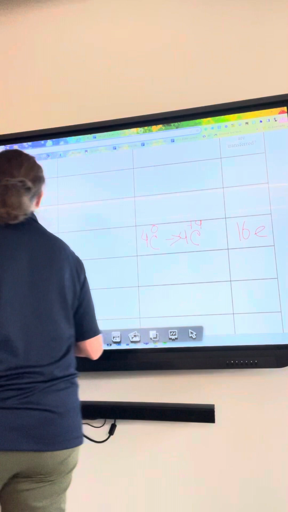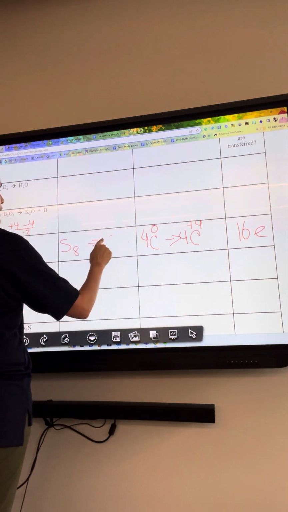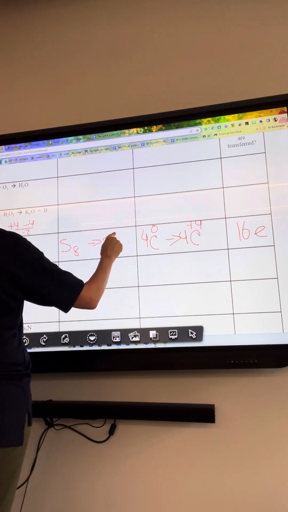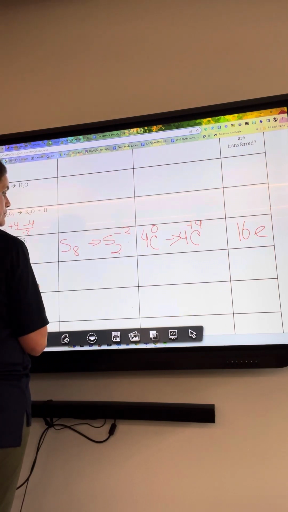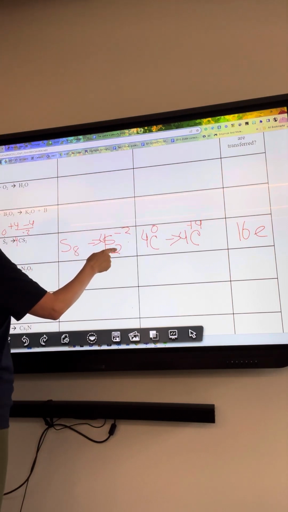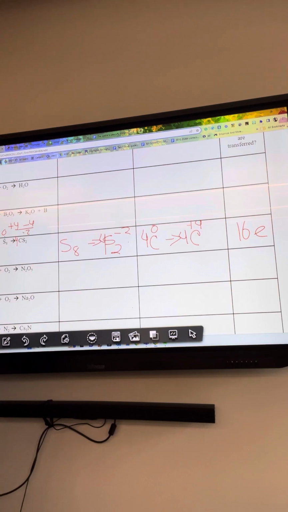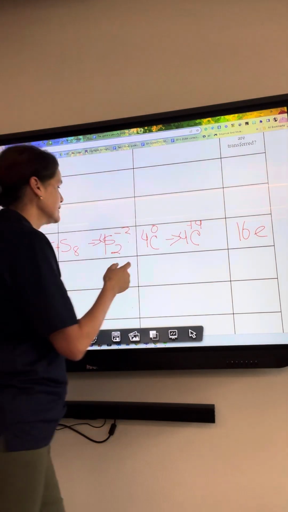And then the sulfur 8 goes into S2 minus 2. Would you do 4 S2? Yep. So 4 times 2 is 8 times 2 is 16, right? So that one is gaining 16 electrons. So it's 16 and 16.